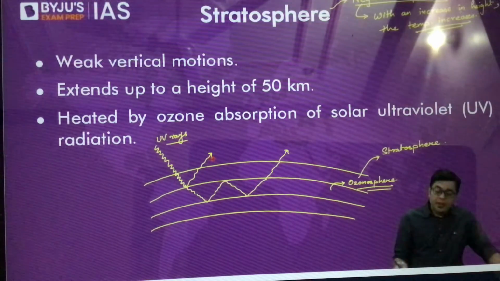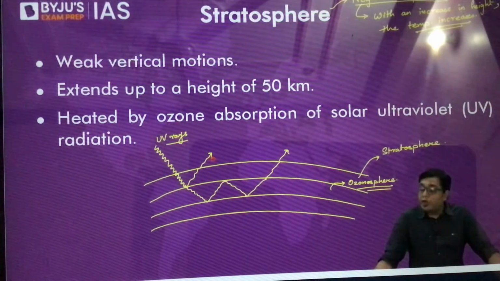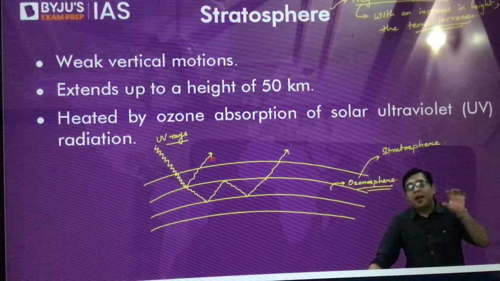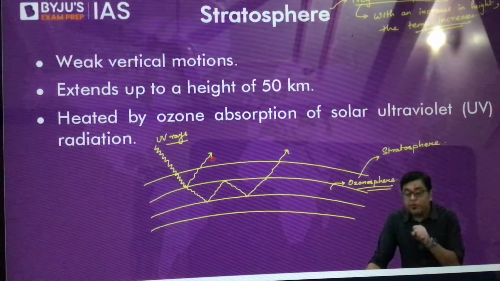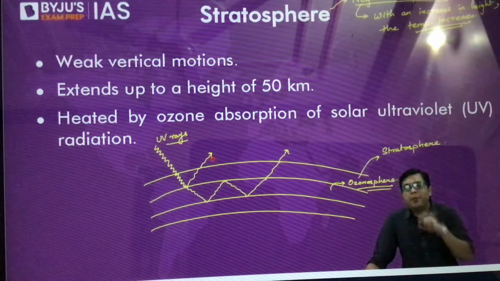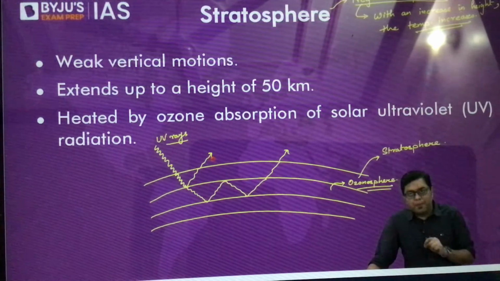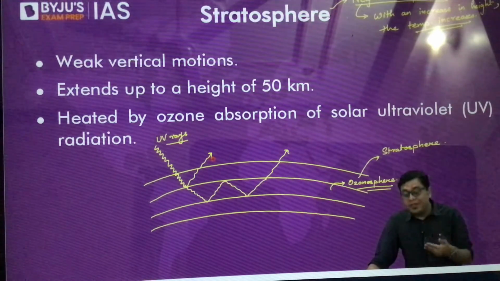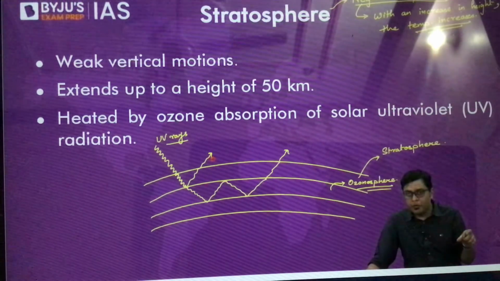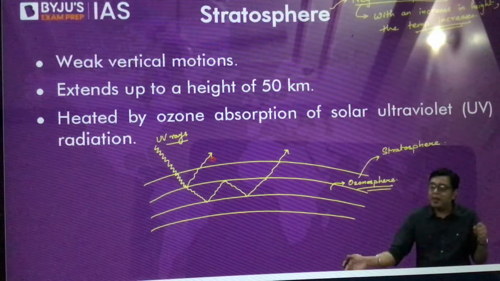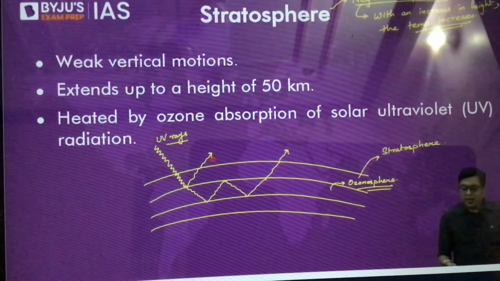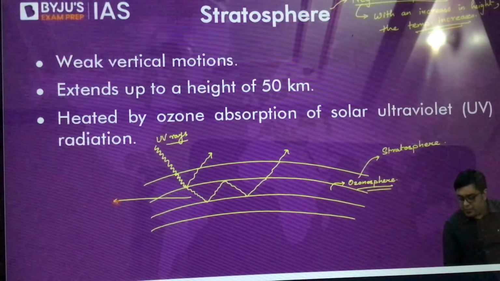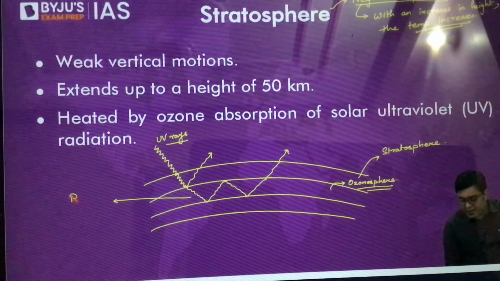So, the ultraviolet rays are not allowed to reach the Earth's surface. That means the ultraviolet rays spend a lot of time trapped within this ozone layer. And as they spend a lot of time within this region of the ozonosphere, that brings about a rise in temperature.